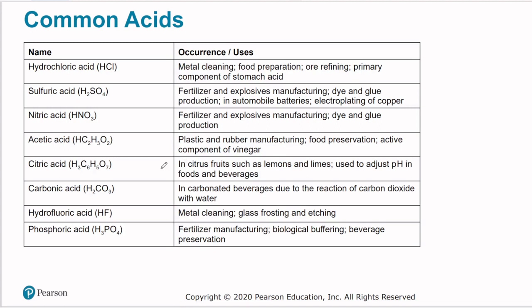Citric acid, which is also used in food preparation and preservation, and again to adjust the pH of foods and beverages. Carbonic acid, which is found in carbonated beverages. Hydrofluoric acid, which is used in metal and glass etching and cleaning. Now this is very dangerous stuff. And phosphoric acid, which is used in fertilizer manufacturing, buffering, and it's also found in soda.